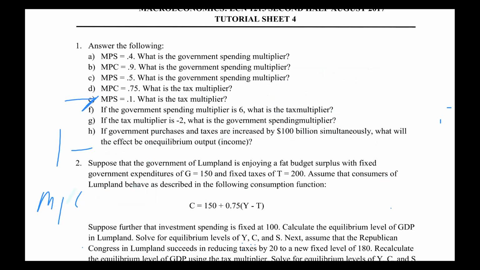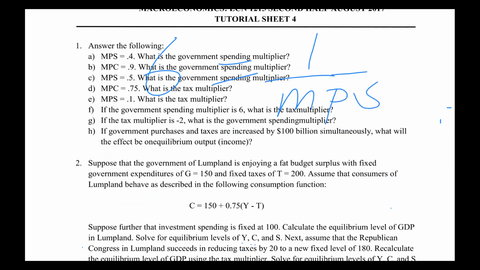The other question is, if the government spending multiplier is 6, so 6 is equal to 1 over MPS, right? What is the tax multiplier? So the question of the day is, how can we find MPS first of all?